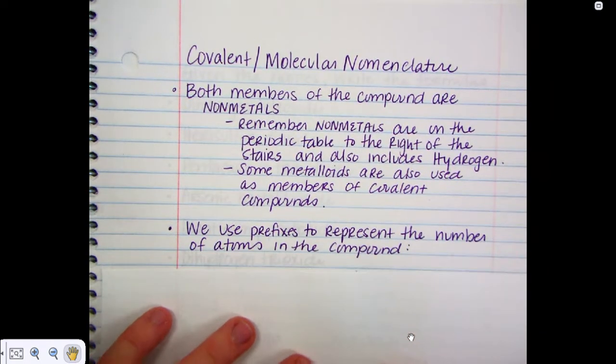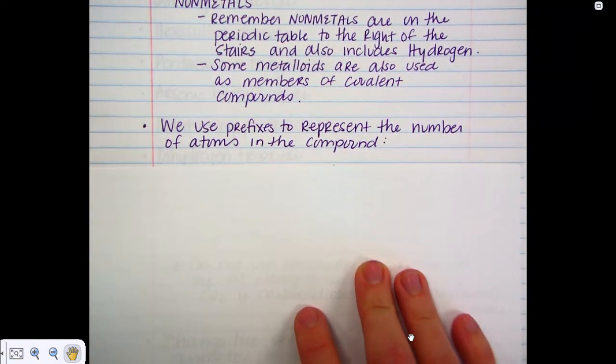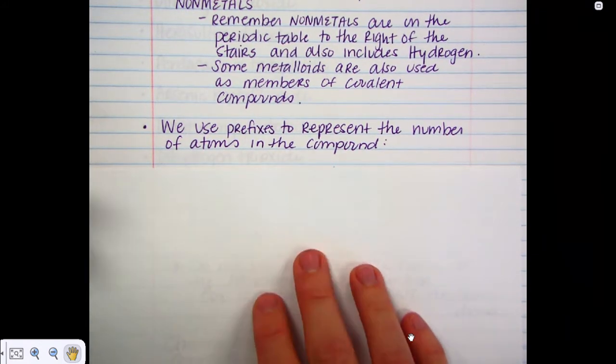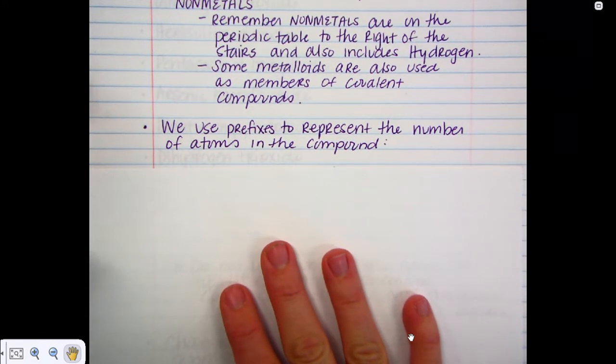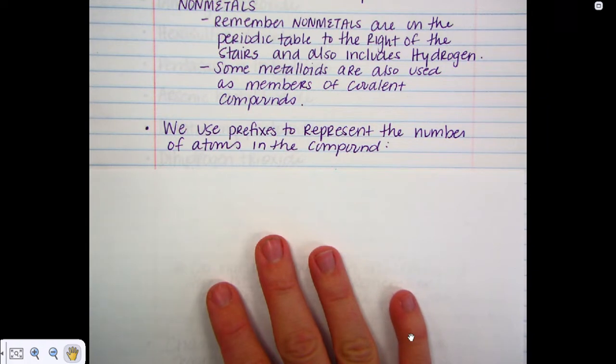Okay. So because we have to ignore charges, we're going to use prefixes to represent the number of atoms in the compound. When I'm writing the chemical names, you're going to see some prefixes in front of the name of the element. When I'm writing the chemical formula, we will look at what the prefix is, and that tells me how many I have.